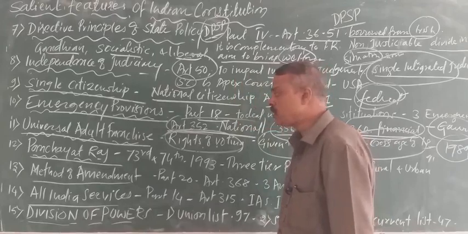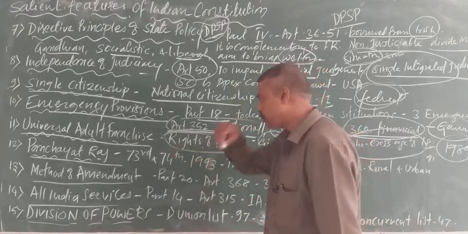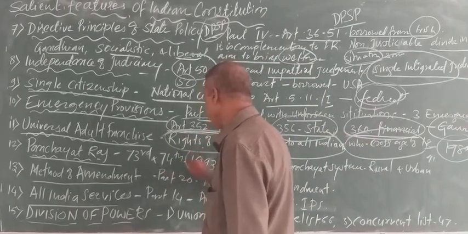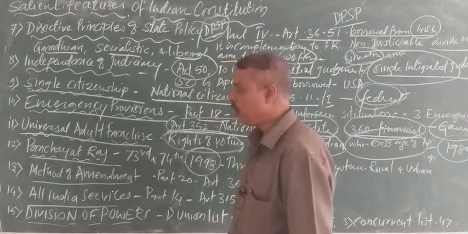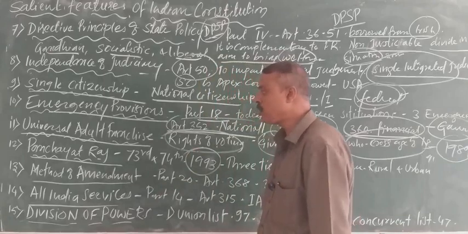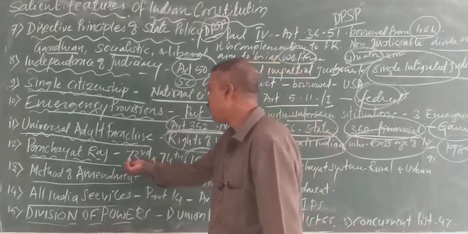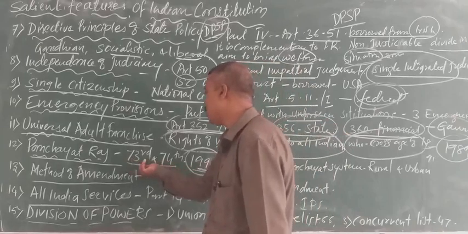This Panchayat Raj system was not included in the original Constitution, but it was added in the year 1993 with the 73rd and 74th constitutional amendment.